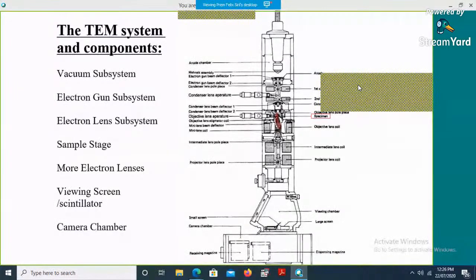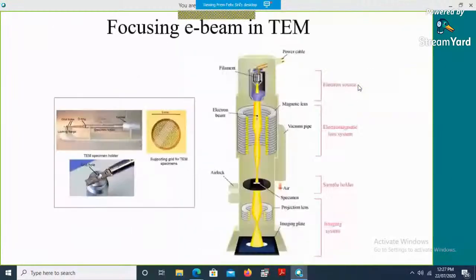Here, unlike in SEM where the sample sits at the bottom, in TEM the sample sits in the middle of the electron beam column, and the projection or shadow of the sample forms on a small screen at the bottom, or you can remove that screen and the camera directly captures it. The camera sits at the bottom. So this is how a TEM functions.